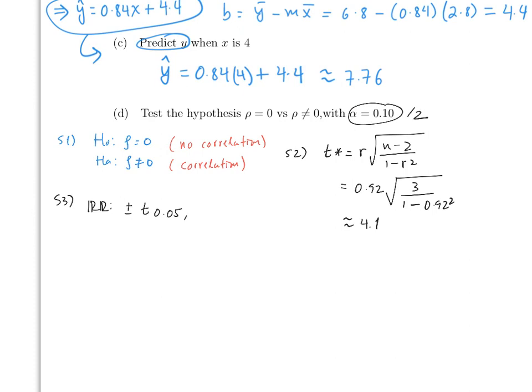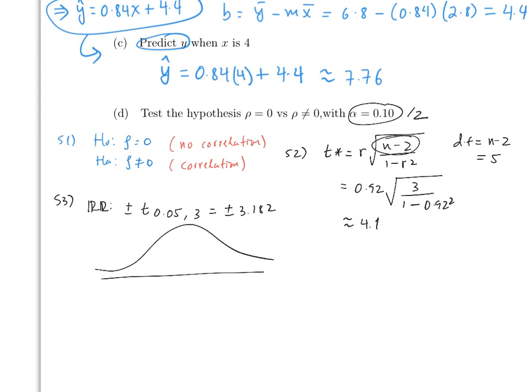The degrees of freedom, this is the only one where the degrees of freedom is n minus 2, which is 5, and it's right there. This is 3, so this gives you plus or minus 3.182. Draw the rejection region.